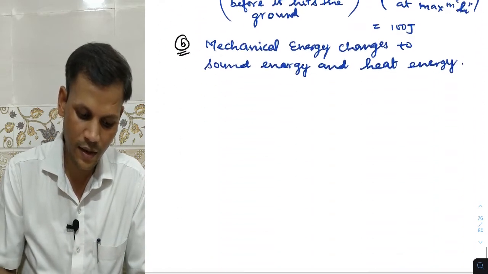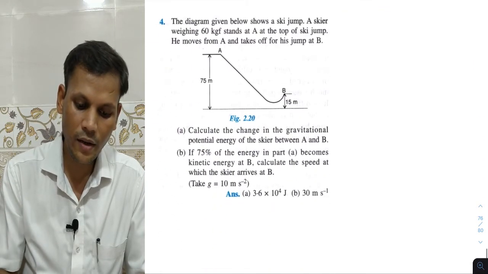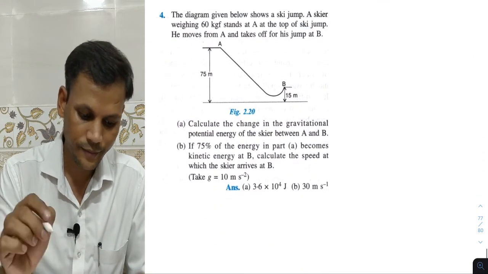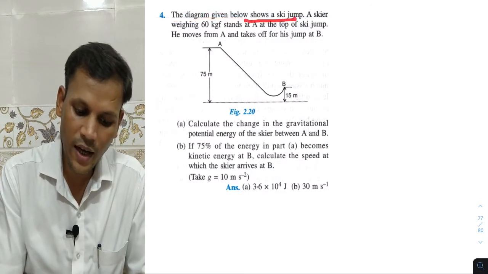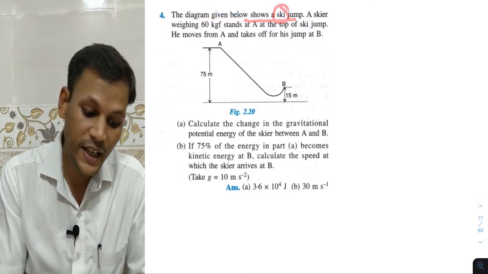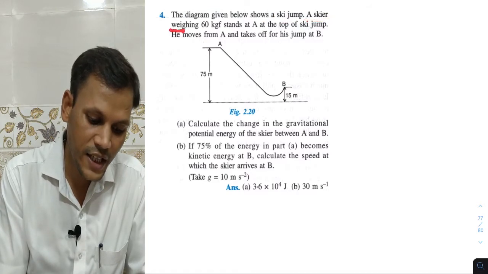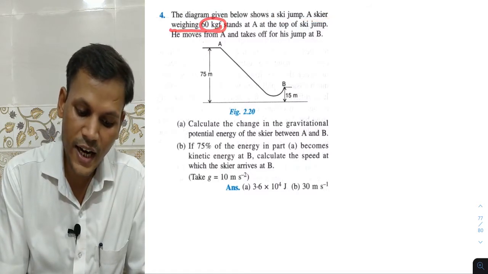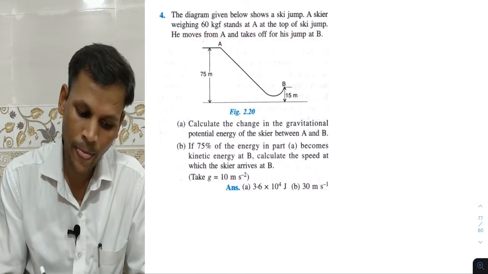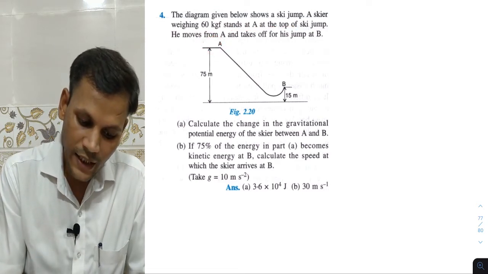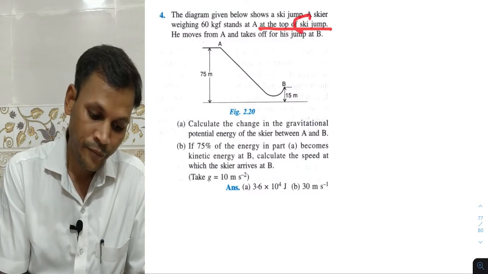Now we will start the next question number 4. The diagram given below shows a ski jump. A skier weighing 60 kgf stands at position A at the top of the ski jump.